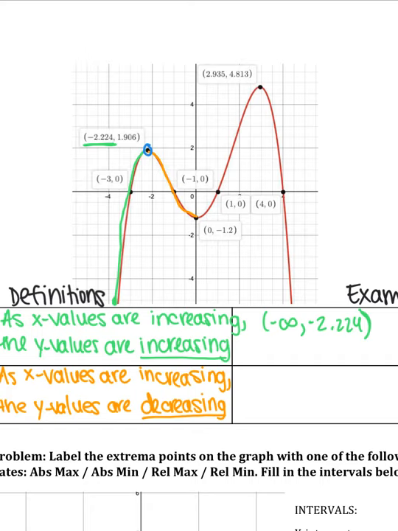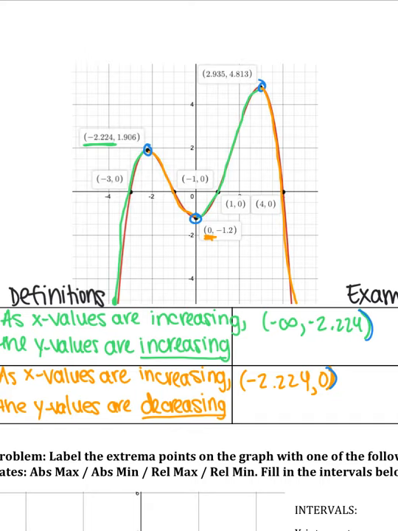The next interval on the graph was decreasing, so starting at negative 2.224 and all the way down to the next x value, which is 0, the graph is decreasing. And again, I'm not including 0 because at that point it is switching back to an increasing part of the graph. And lastly, we'll have one more section where it is going down, therefore it's decreasing.